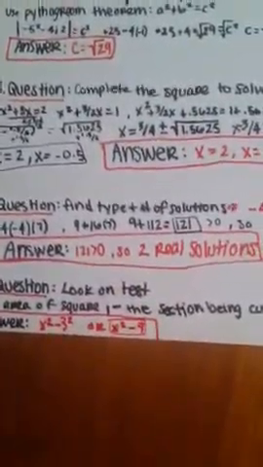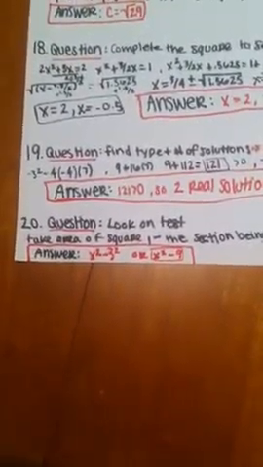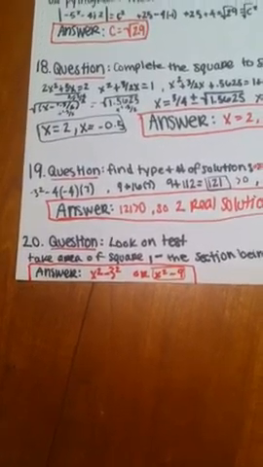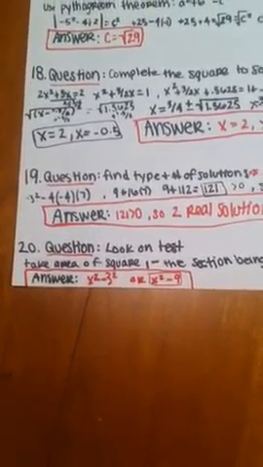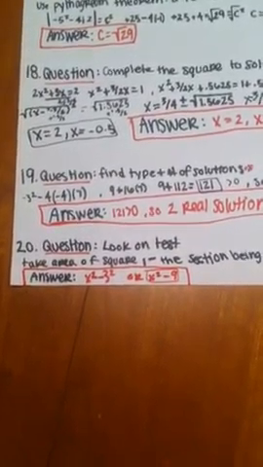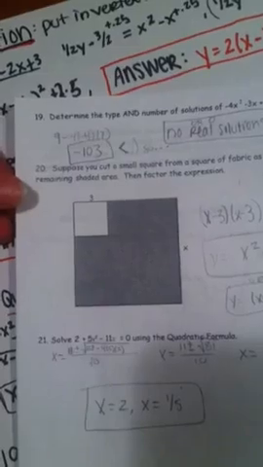So that's your answer. The last question I got wrong is number 20, and I wasn't sure how to do this problem, but what you want to do is take the area of the square and subtract the area that's being cut out as shown in this diagram, because you have to find the equation for the problem.